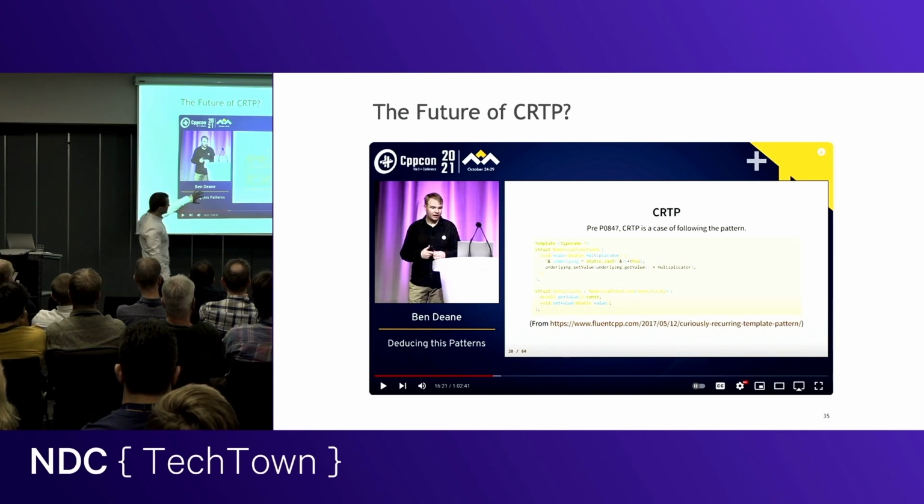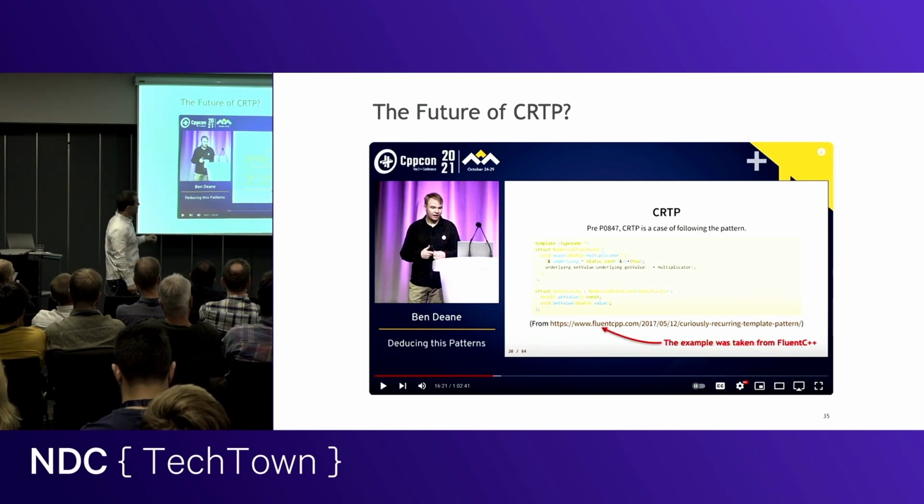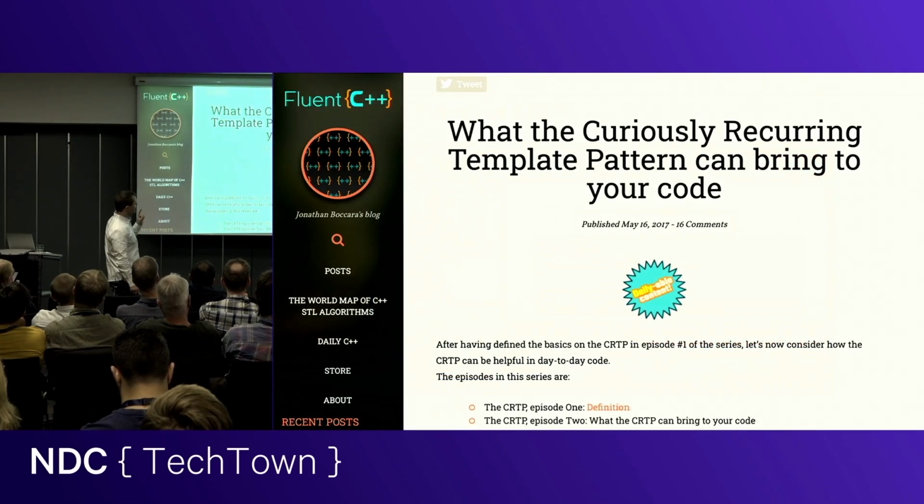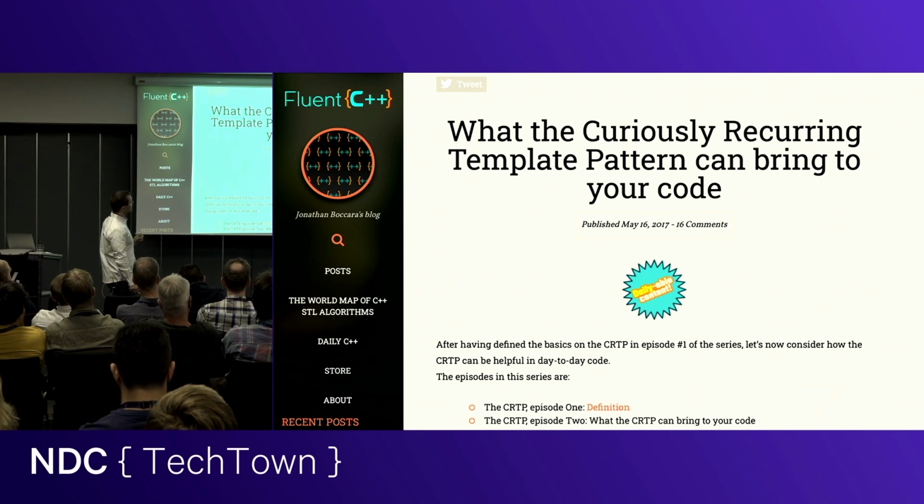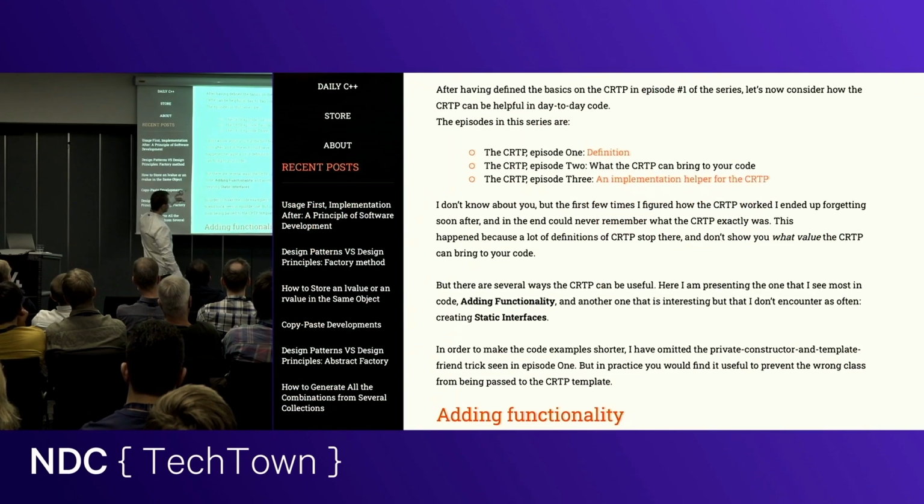Well, on the slide that I've shown before, there actually is a nice link to fluentcpp.com from a blog entry from 2017. So this was a pretty good blog about what the curiously recurring template pattern can bring to your code. But that's an interesting block of comments that's now interesting for us.